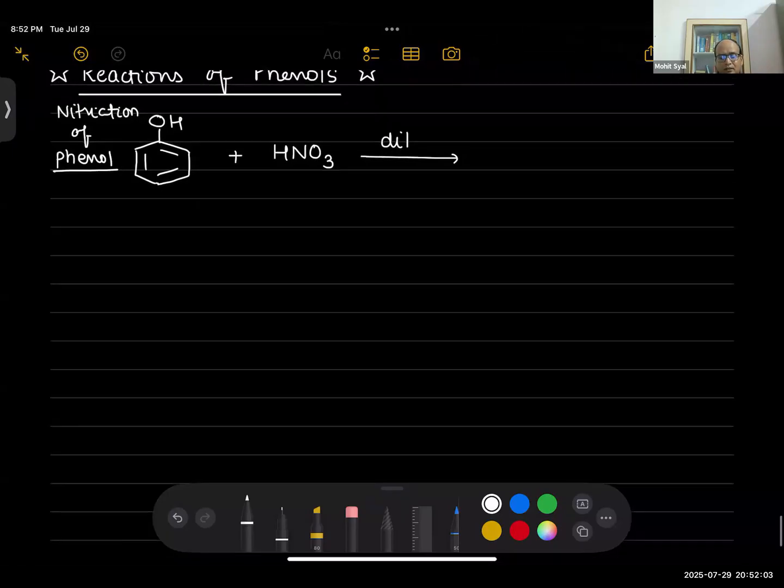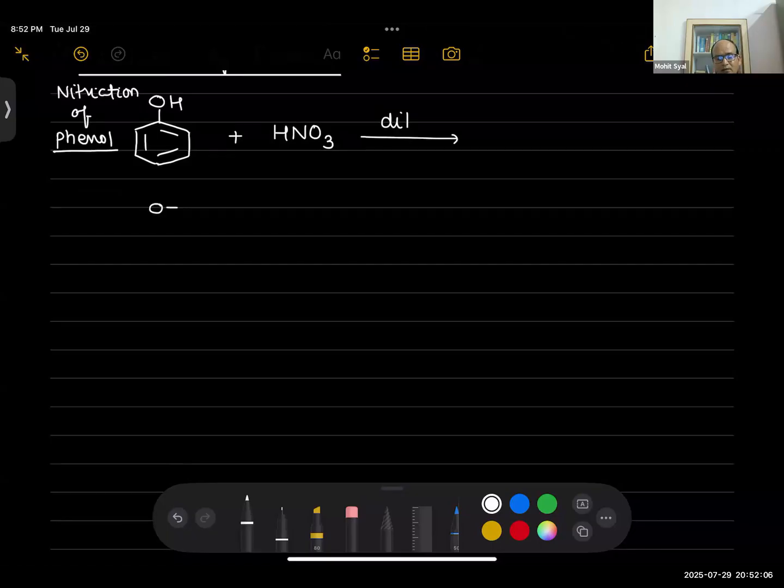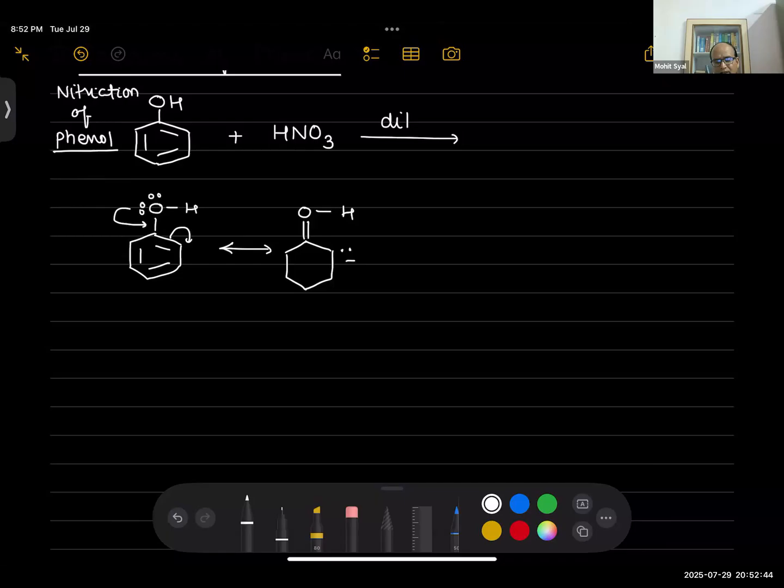And just look at it very carefully, because this is going to be useful for all your subsequent chapters and upcoming reactions of the benzene ring. The oxygen has an unshared pair of electrons, and they overlap with the electrons of the benzene ring, and you have the lone pair moving into the benzene.